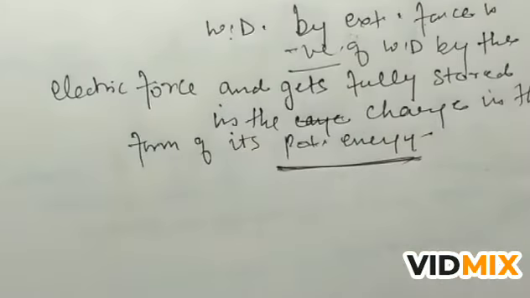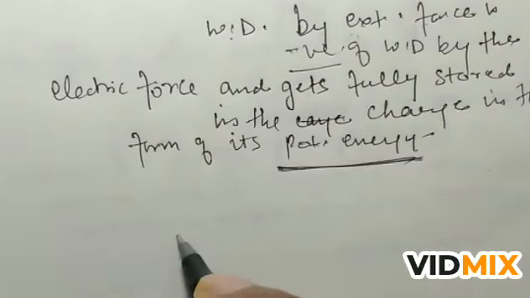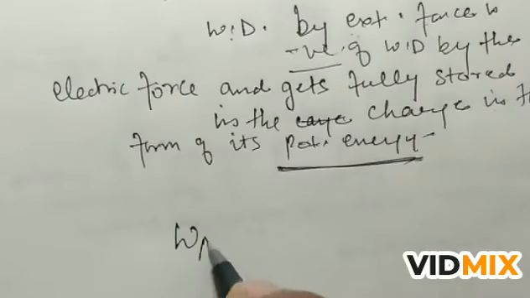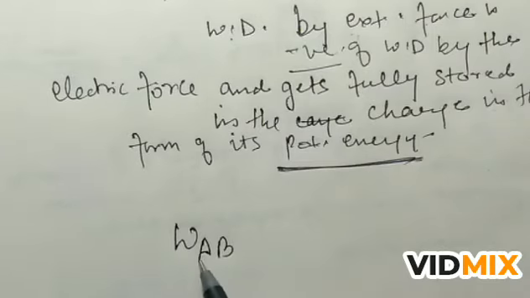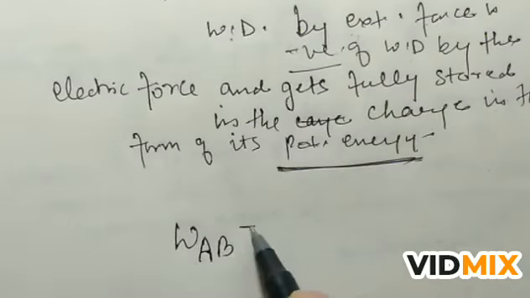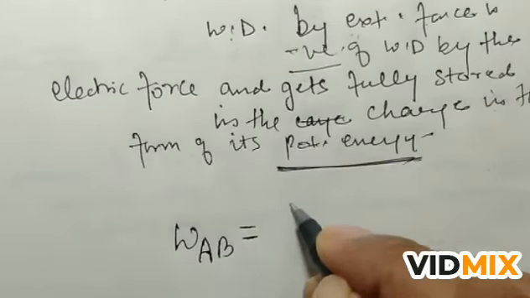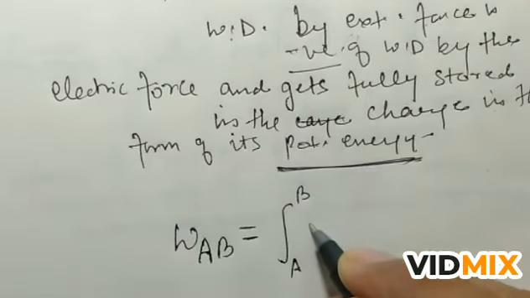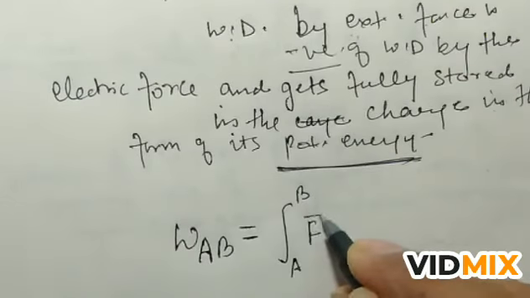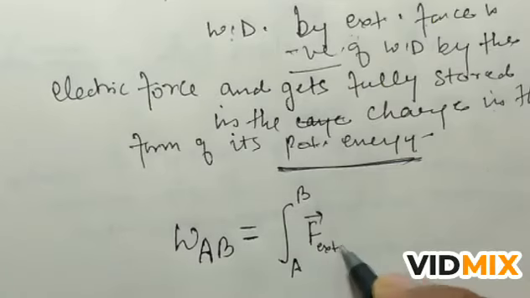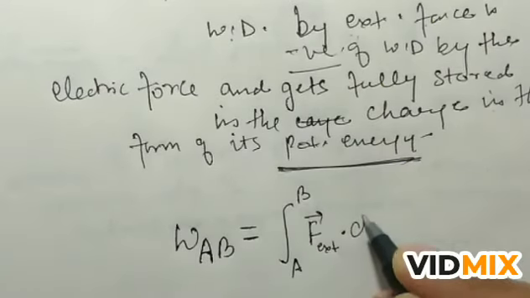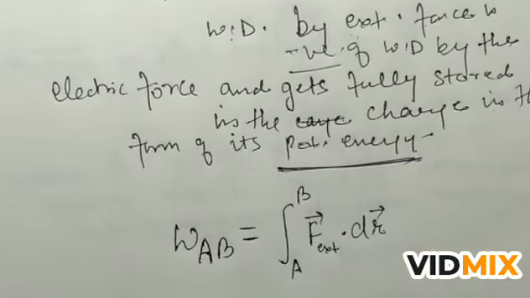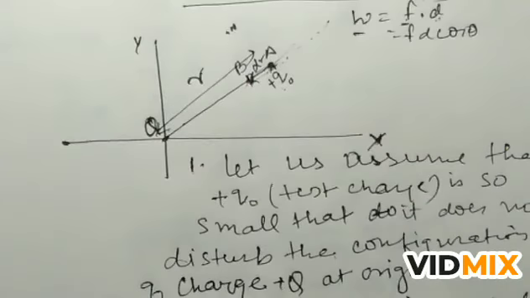So here we can write: work done from A to B is equal to the total work done from A to B, that is the external force multiplied by the distance covered, or simply displacement.